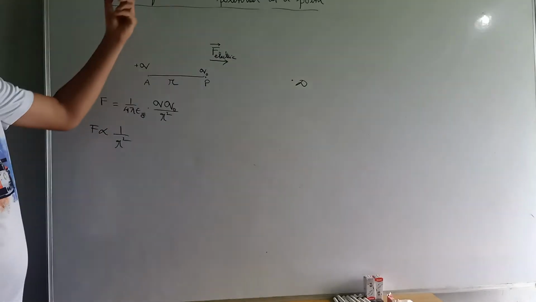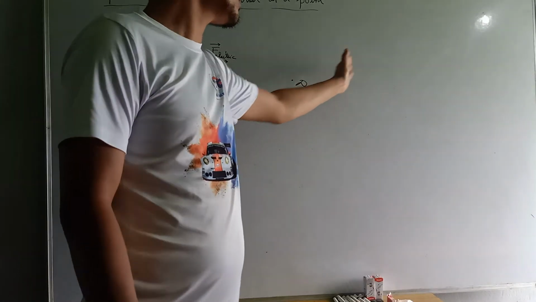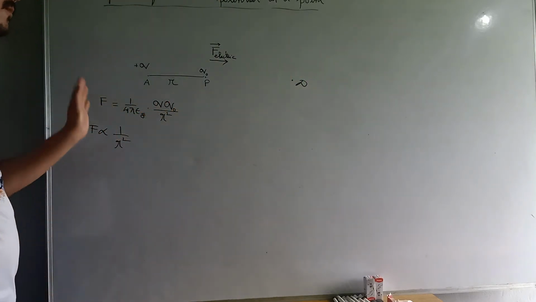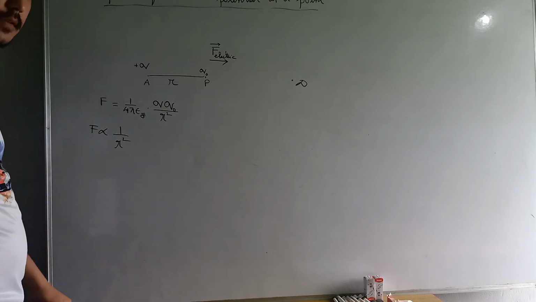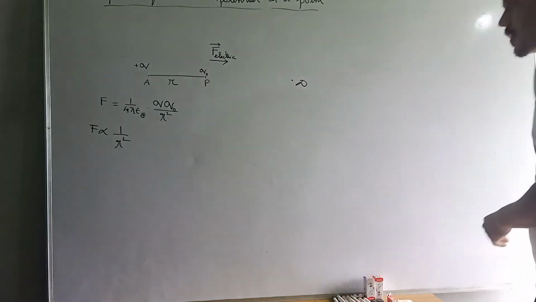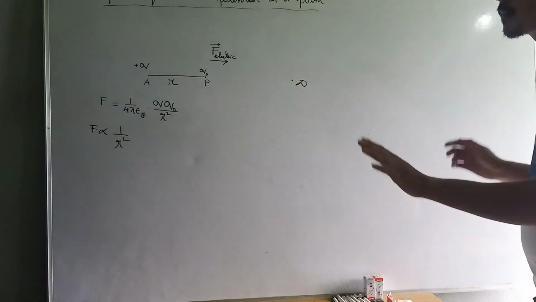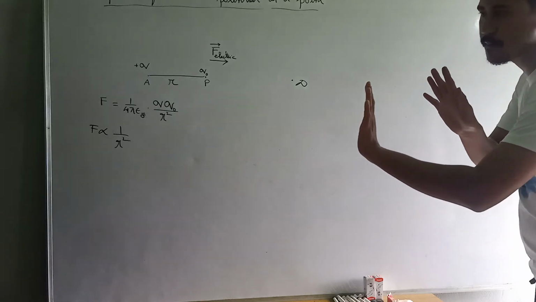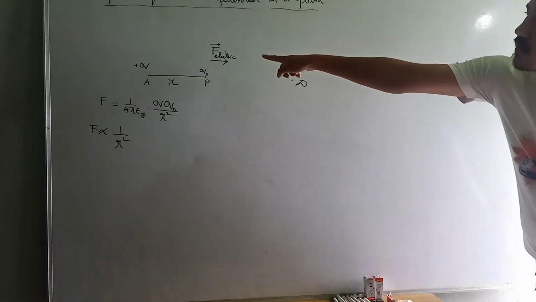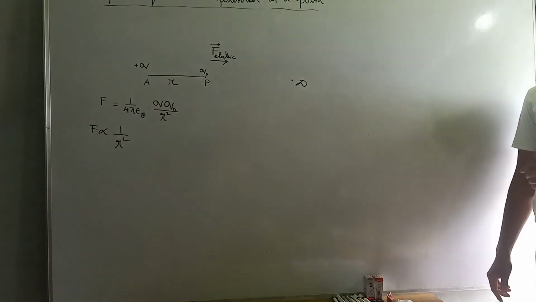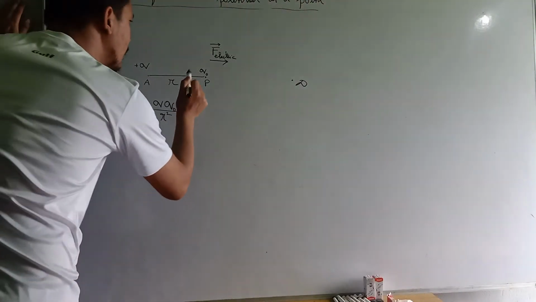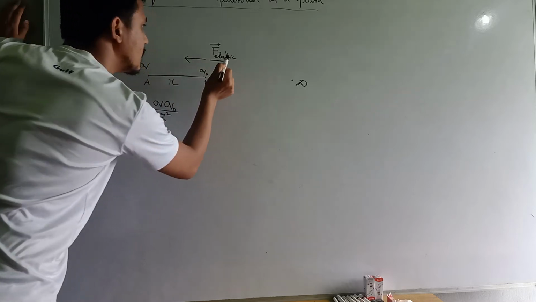Now, check Q naught. If you keep this Q naught, the electric force will just take it away without keeping the speed, the kinetic energy of Q naught, constant. So, in order to maintain constant speed or constant kinetic energy, you have to apply an equal and opposite force to this.